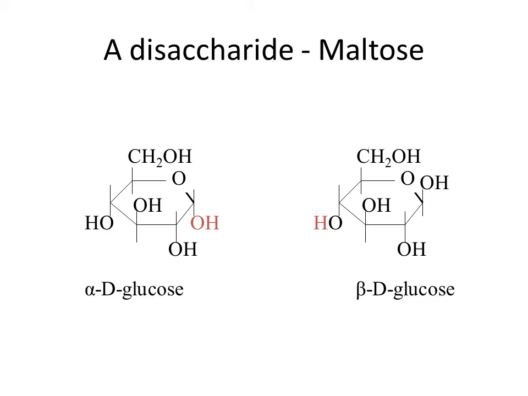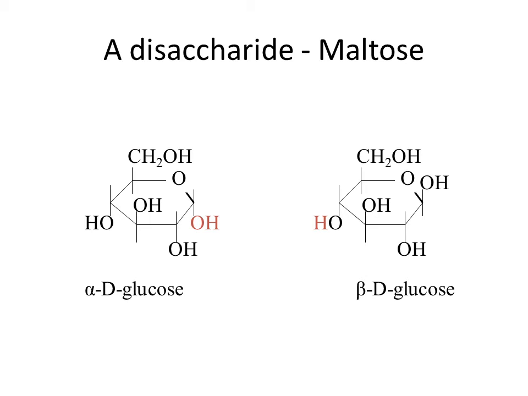But let's go ahead and take a look at this and examine the molecules and then see how it forms the bond. If we look at the molecule on the left, alpha glucose, you can see that the hydroxyl group right there where the carbon is attached to the oxygen in the ring, it's down. That means it's alpha.